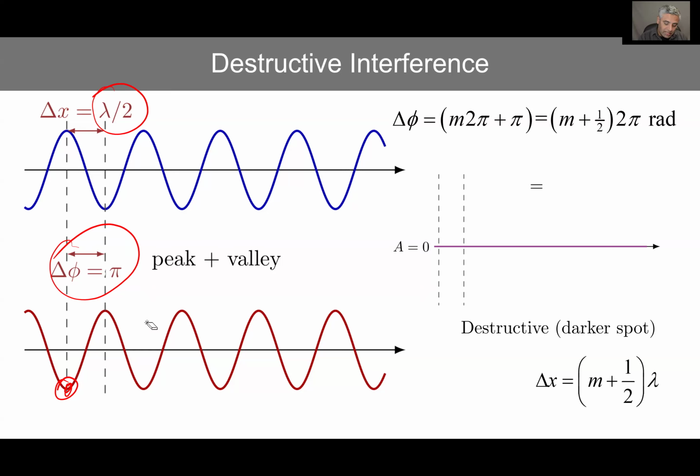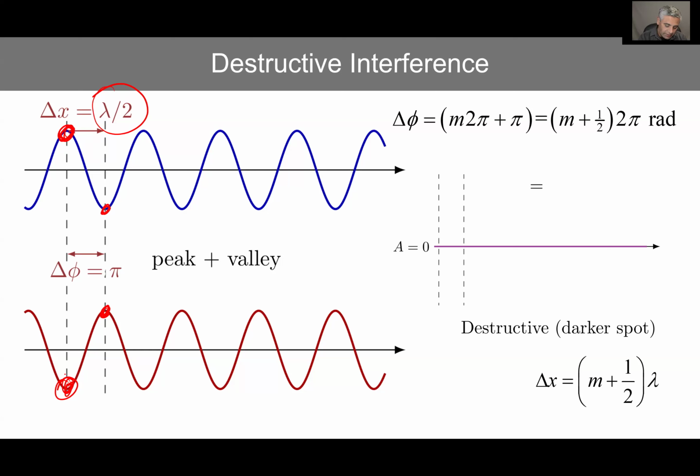Now, the first destructive interference happens when, let's say, you move the wave and now the waves are facing opposite. That's where the destructive interference is. You see here, the peak of this blue wave lines up with the valley of this one.